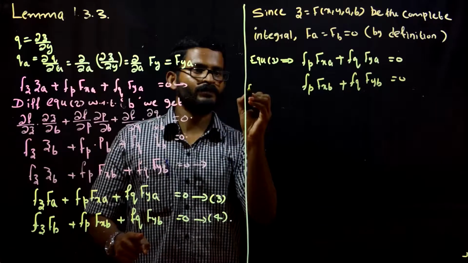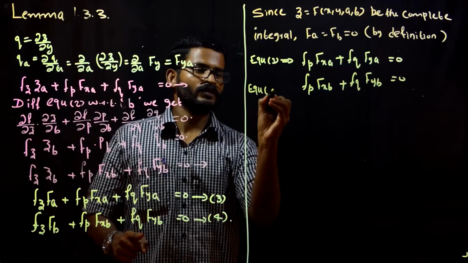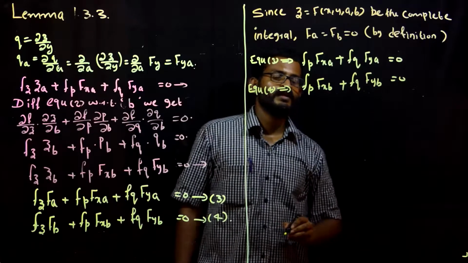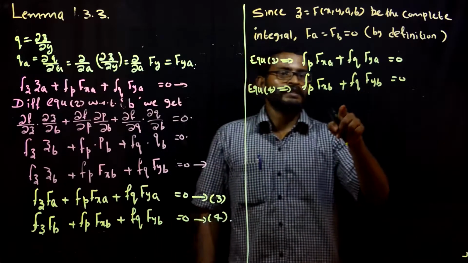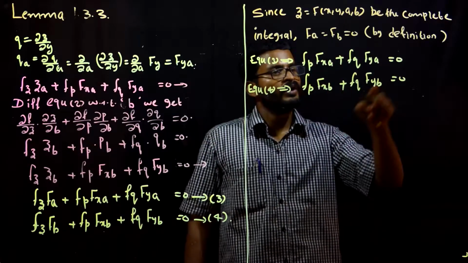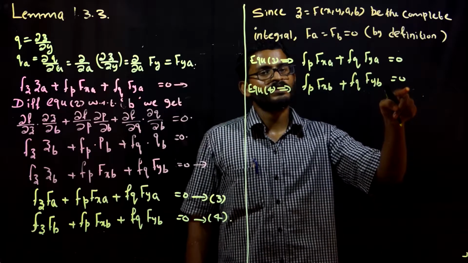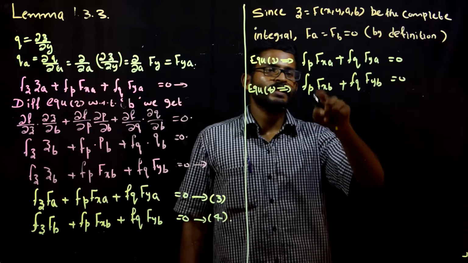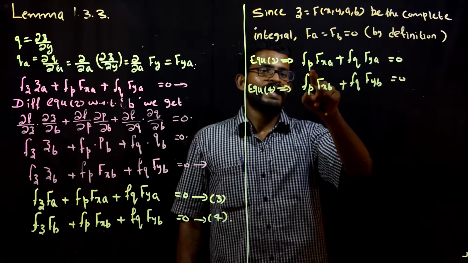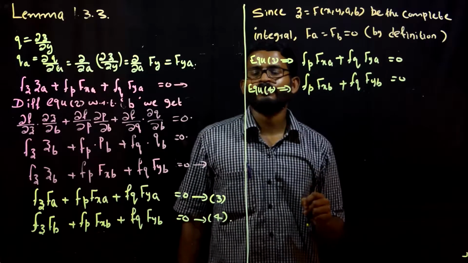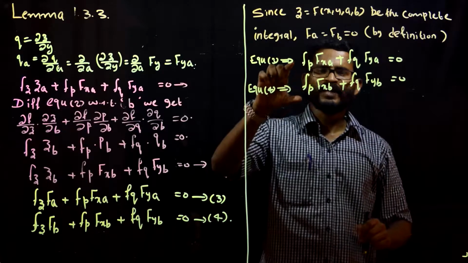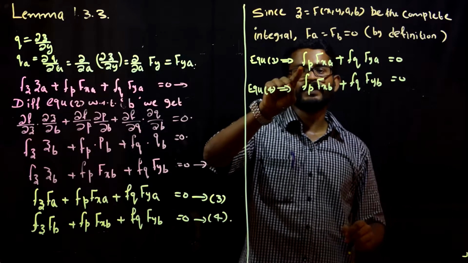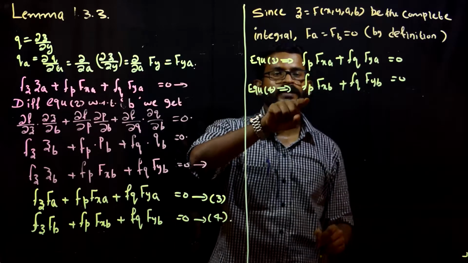That is equation number 4. That is, we have two equations with two unknowns f_p and f_q.